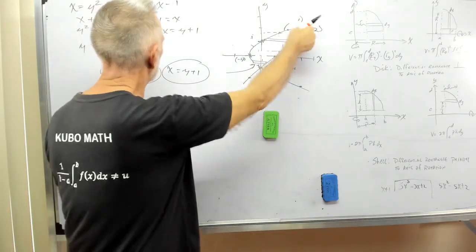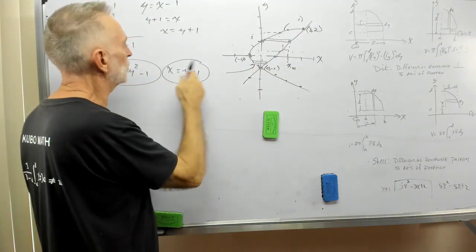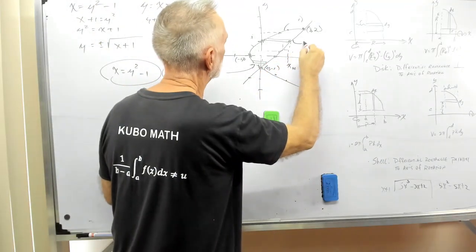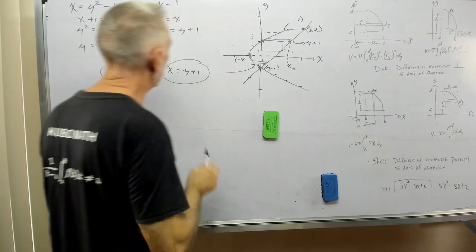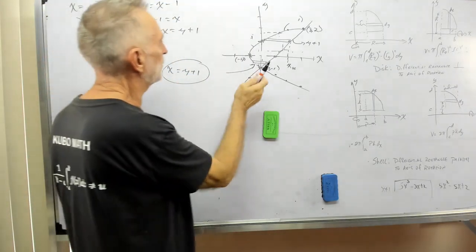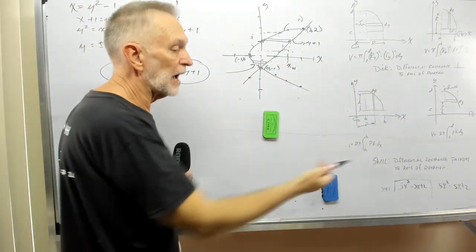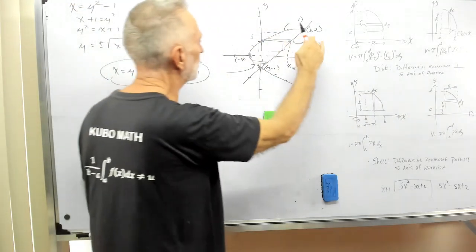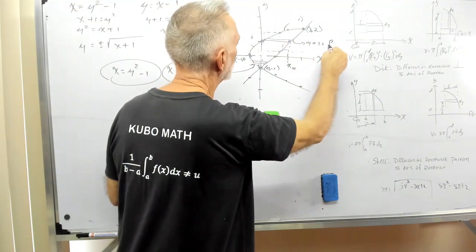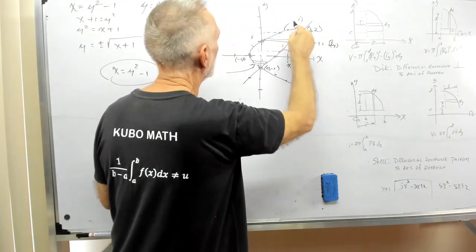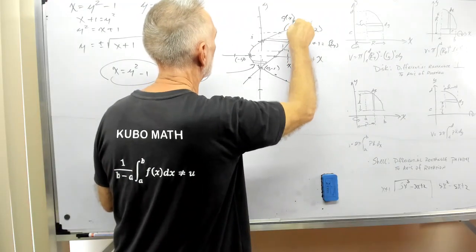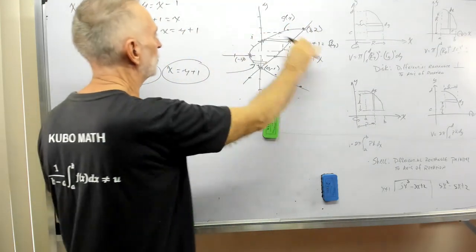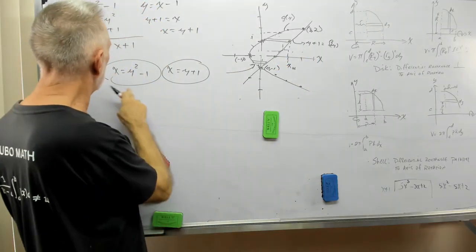Remember, this is the line x equals y plus 1, so this is y plus 1, and that's going to be my f of y because it's the highest x for a given y. This one's going to be g of y because for a given value of y, it gives me the lowest x.